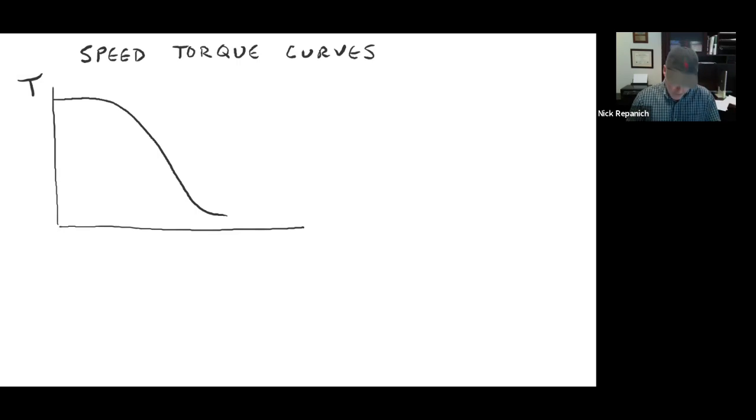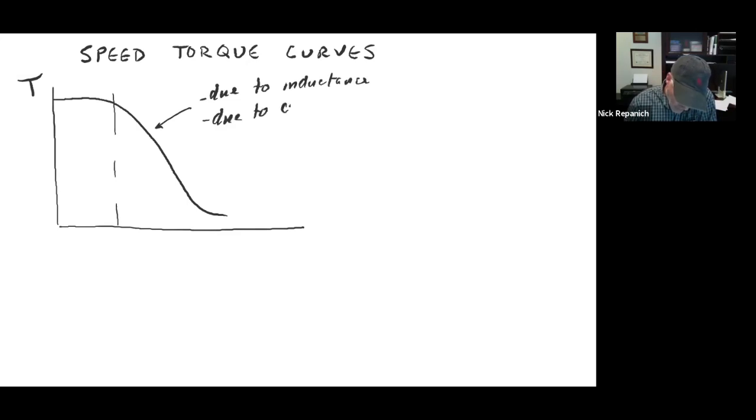It works exactly, but it has a complicated magnetic structure. So we have two parts to this region. This drop off is partly due to inductance, and part of it's due to complicated magnetics.